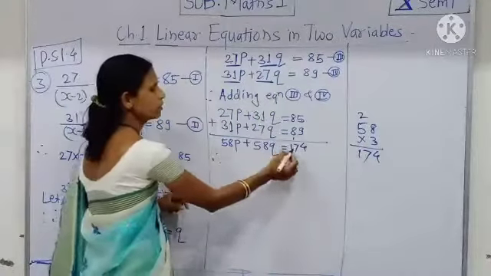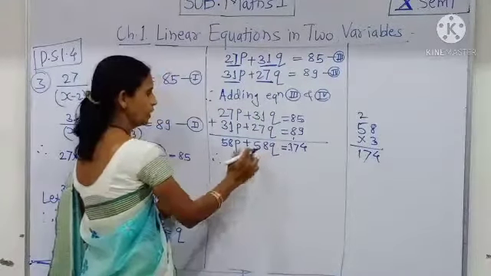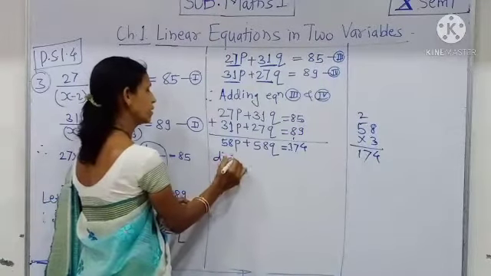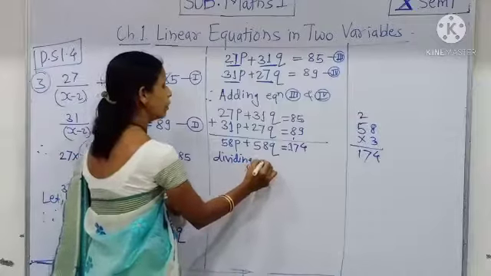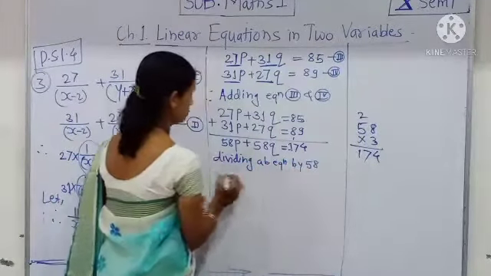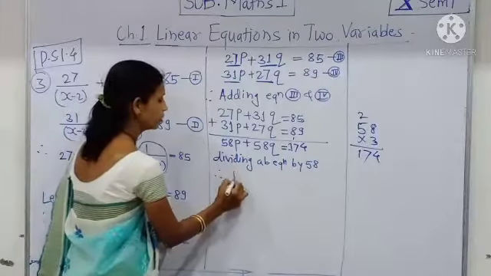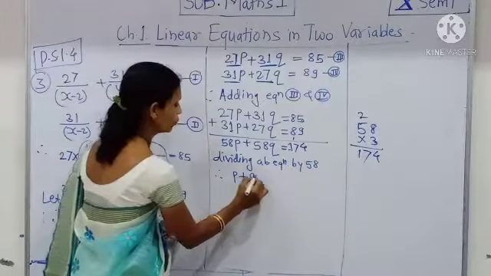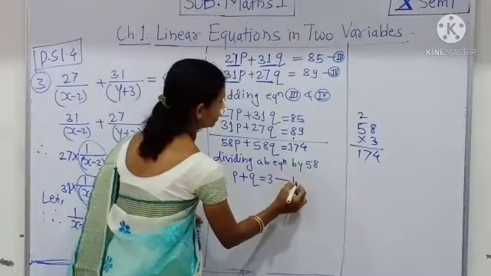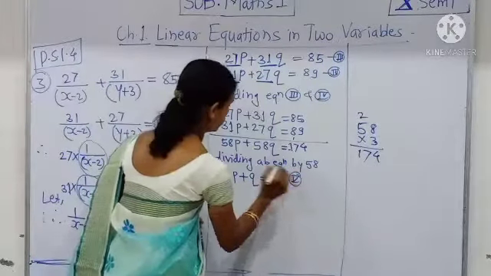That is, it is a multiple of 58. Therefore, dividing the above equation by 58, we get p plus q is equals to 3. Let this be equation number 5.